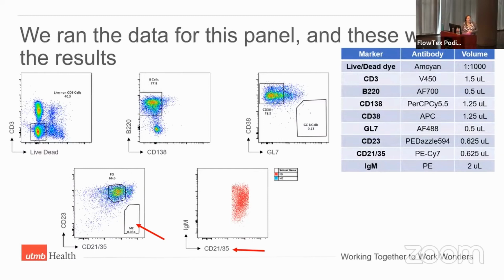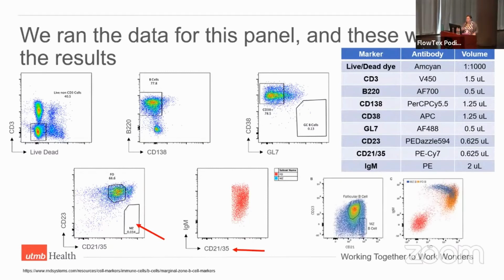The next thing that I noticed is that to confirm marginal zone B cells and follicular B cells, they need IgD as well as IgM, which is pretty standard, and we should have a nice population that looks like this if we have the proper markers to confirm them. The other thing that we noticed was there were no germinal center B cells.